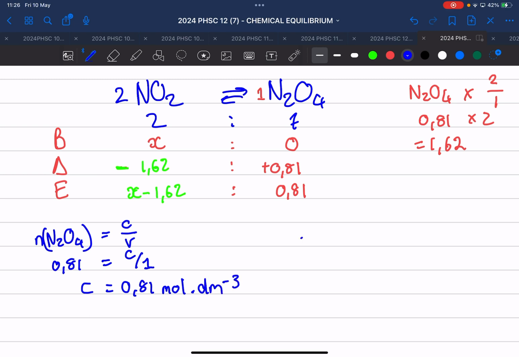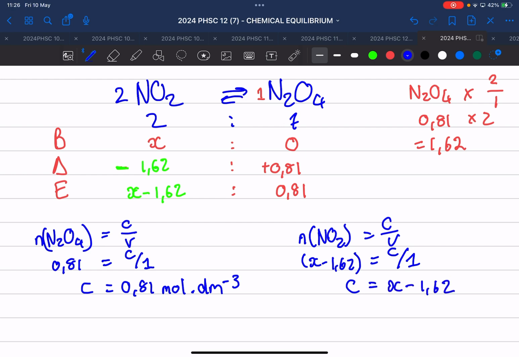Now the moles for our NO2 is equal to the concentration over our volume. The moles is X minus 1.62, equal to our concentration divided by 1. So our concentration is still just X minus 1.62.